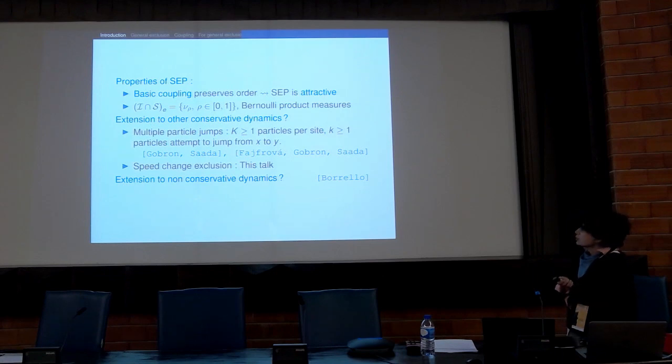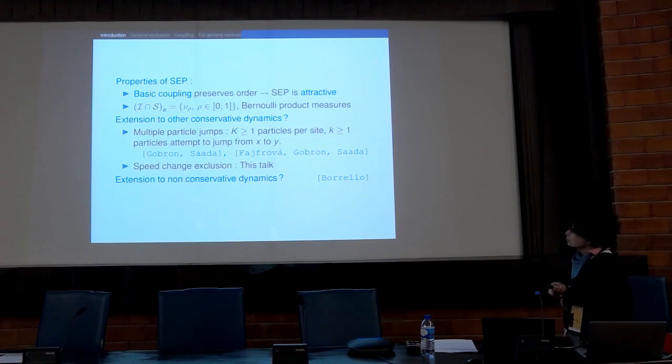So some time ago, already with Thierry Gobron and also with Lucie Fajfrová, we looked at conservative particle systems of misanthrope type. Misanthrope type means that the jump rate depends also on the departure and arrival site, but there could be many more particles per site, not only one, it could be up to k particles.